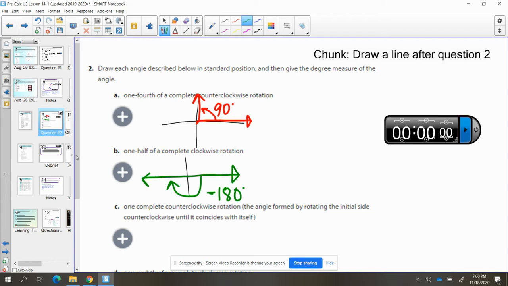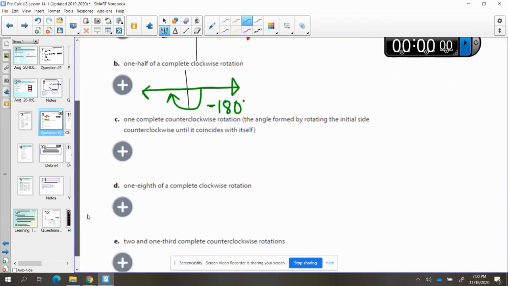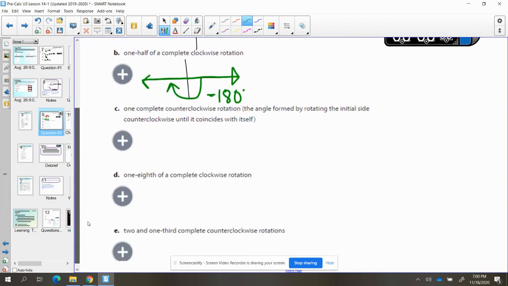Now, one complete counterclockwise rotation all the way around, it's like we're passing through 4 right angles. Basically what's happening is we have a full 360 degree rotation back to where we start, and it's positive 360 because we went counterclockwise.